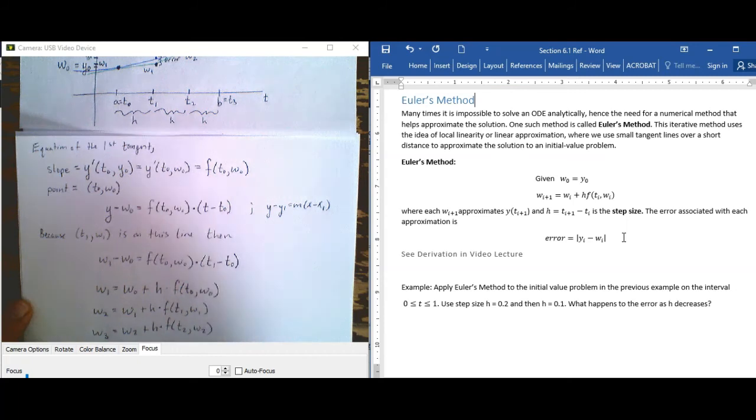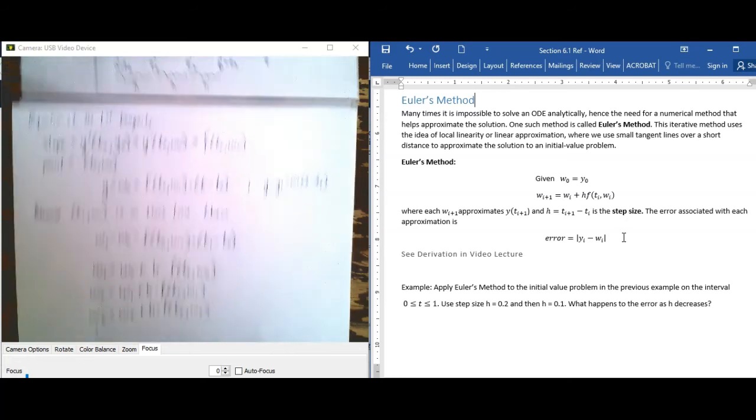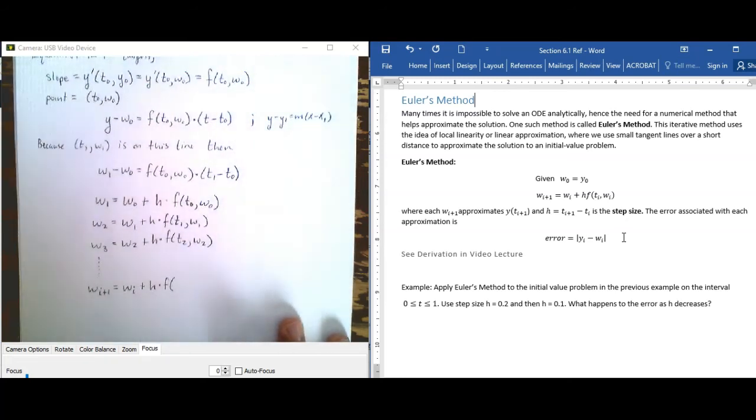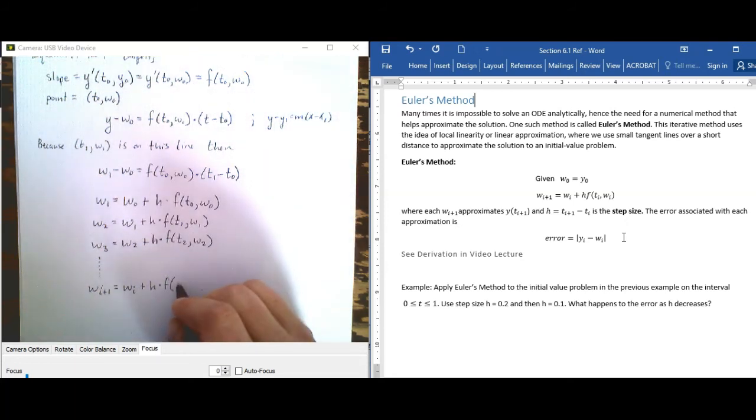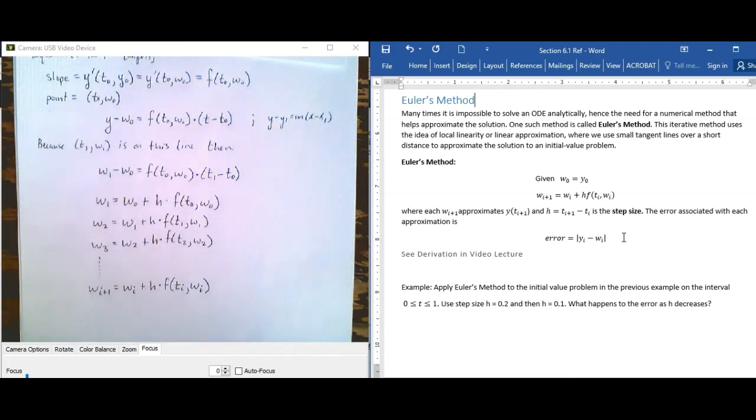So continuing that iteratively, we can do that up until the very last value. So here, Wi plus H times F of Ti, Wi. Of course, we can do that iteratively, so the next approximation is the previous approximation plus H times the slope at the previous approximation, Ti, Wi. Okay?